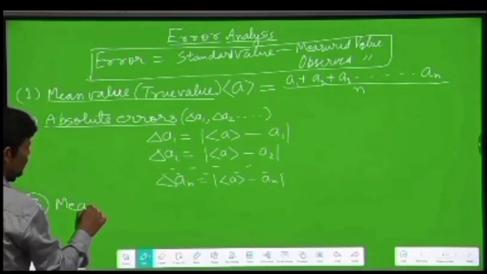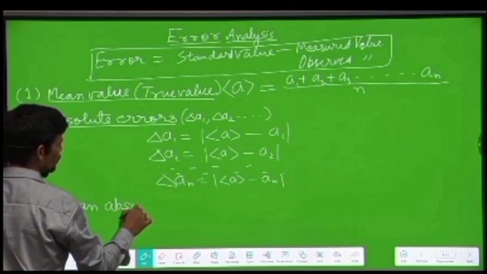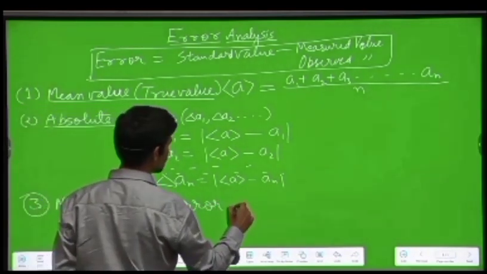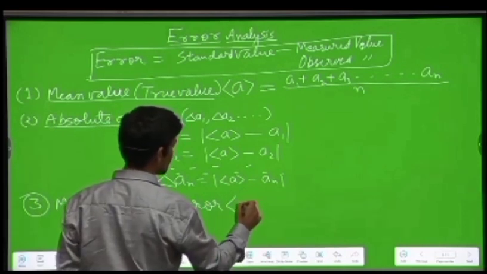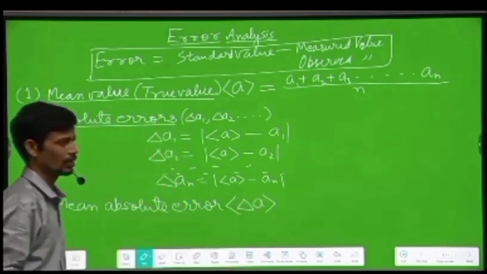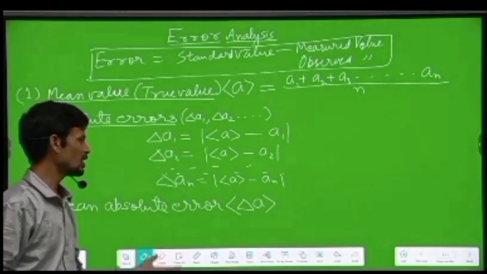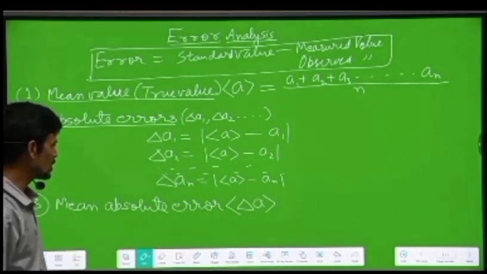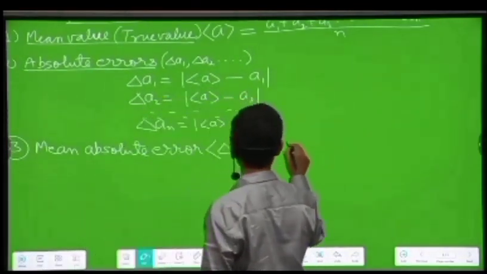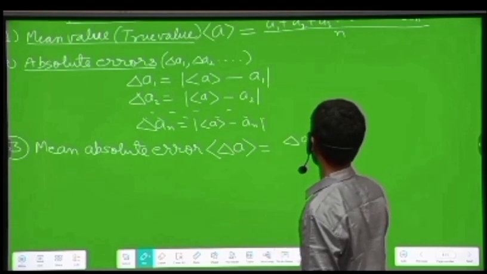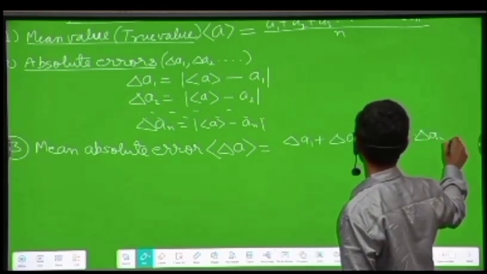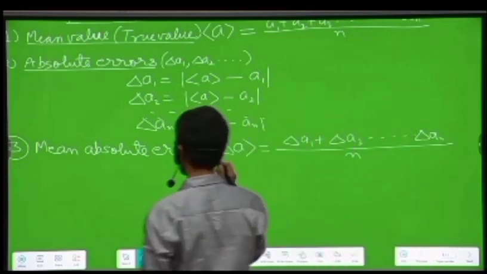So the mean absolute error, the symbol for this is again an angular bracket. Actually, the angular bracket is a modern, a little bit more scientific way to express it. It is delta a1 plus delta a2 up to delta an, divided by n. This is the mean absolute error.